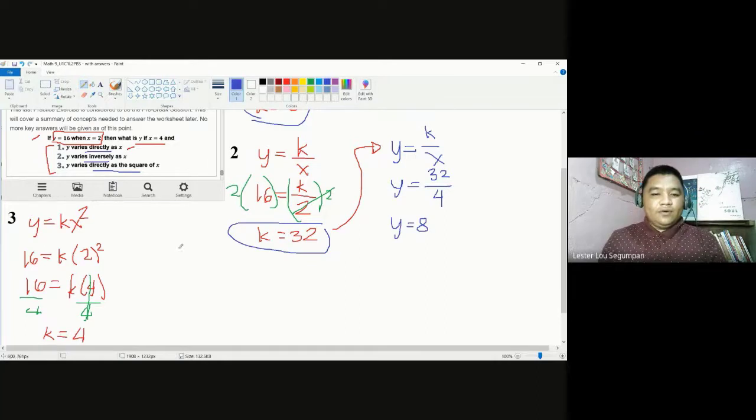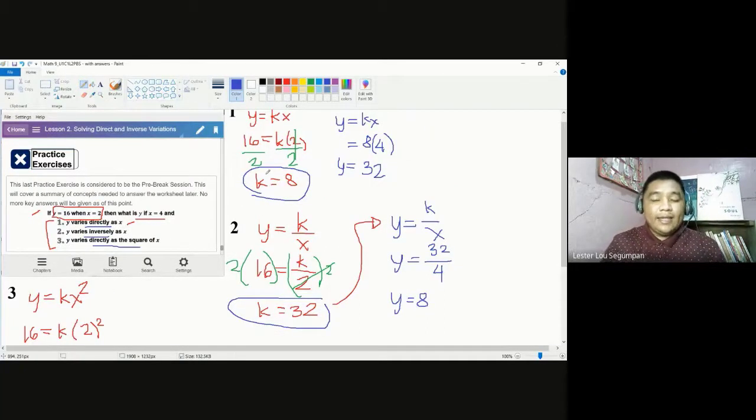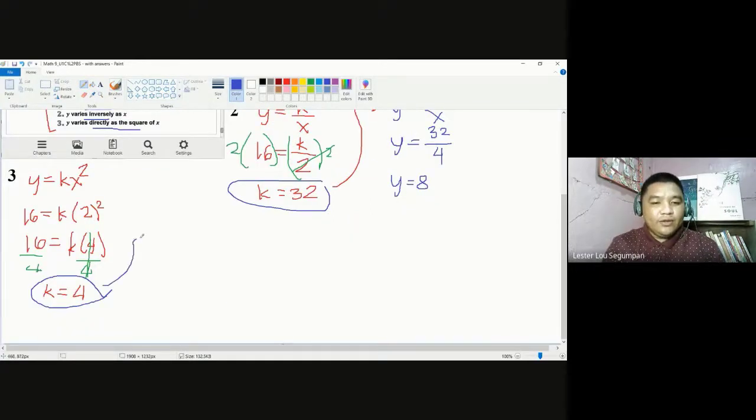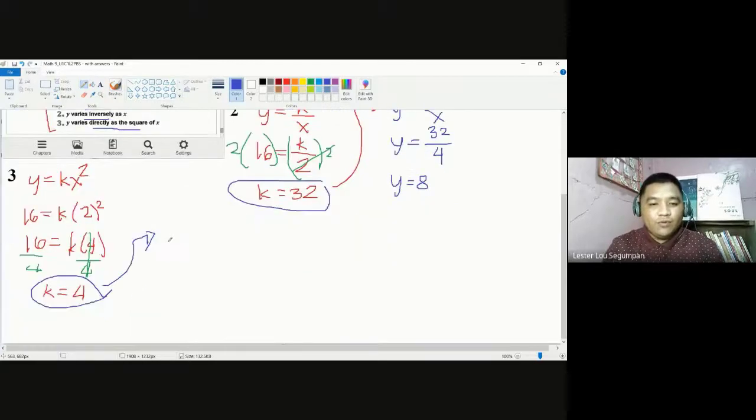Again, as you have noticed, 4, 32, 8, they are of different values. We are then going to use this to solve for the next situation, wherein we solve for y if x is 4. So you have y is equal to kx squared.